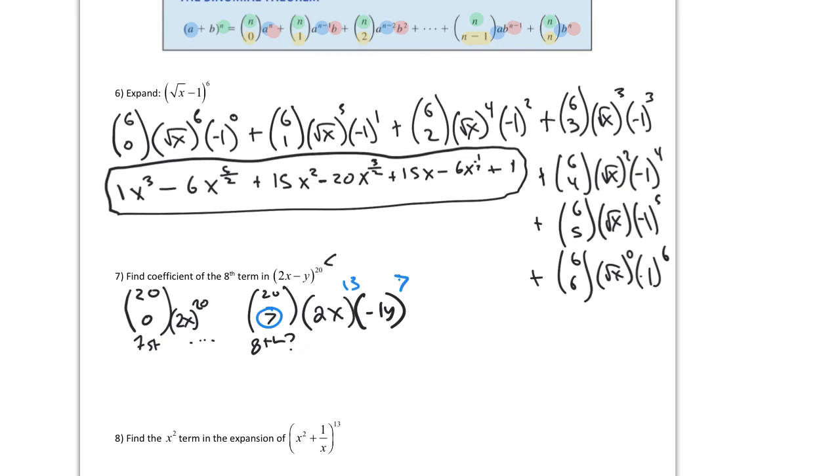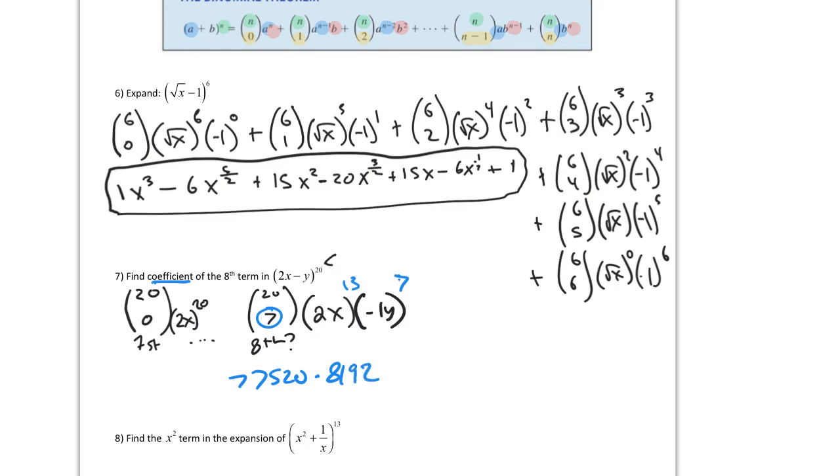So then to figure out my final answer here, I'm just going to use my calculator, and again, I'm just worried about the coefficient. So I need to know what 20 choose 7 is, and I need to know 2 to the 13, and I need to know negative 1 to the 7th. When you do 20 choose 7 on your calculator, you get 77,520. And 2 to the 13th is 8,192, times that.